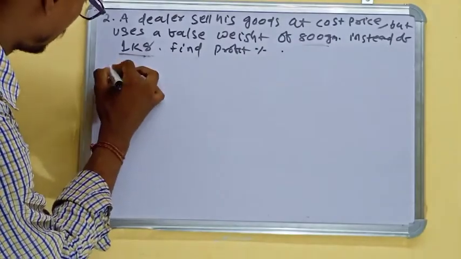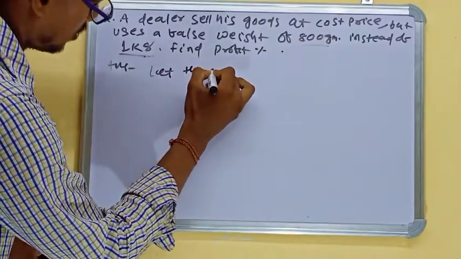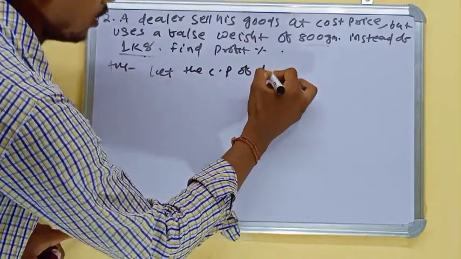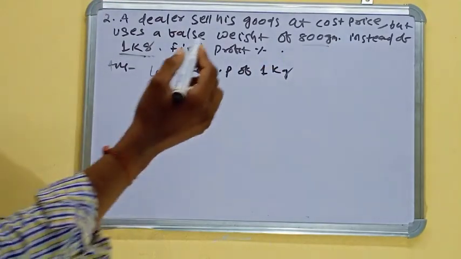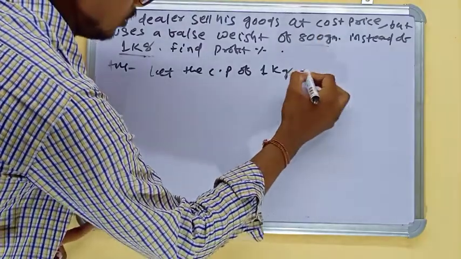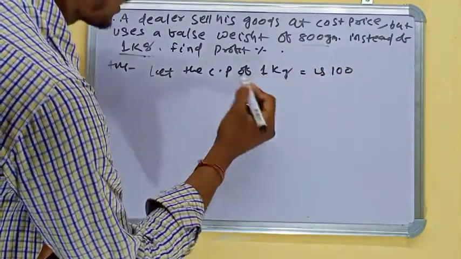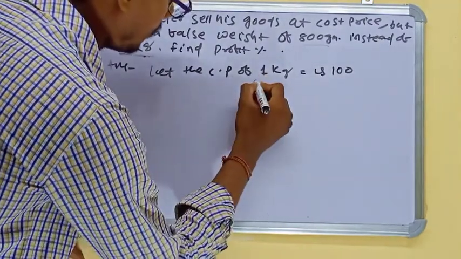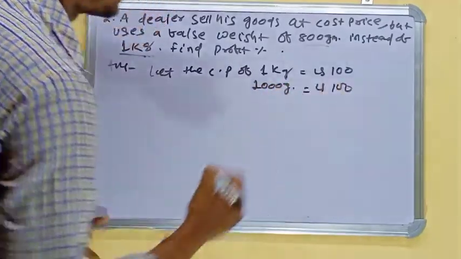Answer: let the CP of 1 kg, that is 1000 gram, be rupees 100.